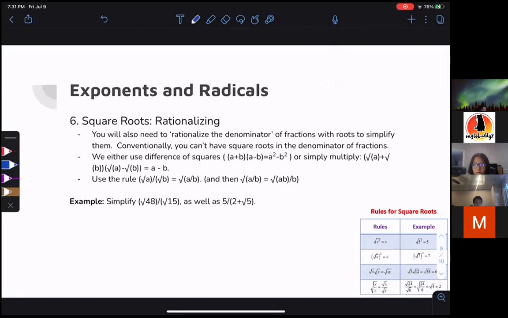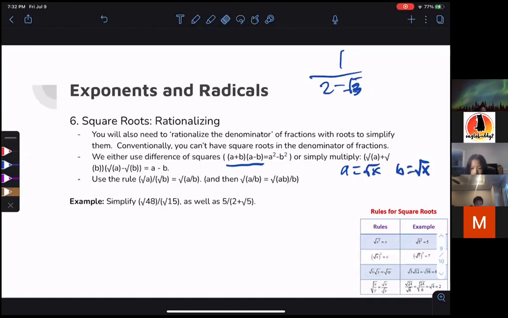We have, let's say, 1 over 2 minus root 3. Then how would you get rid of this? Well, notice the difference of squares: a plus b times a minus b is a squared minus b squared. And this holds for all real numbers. So if a equals root x and b equals root y, then a plus b is root x plus root y, a minus b is root x minus root y.